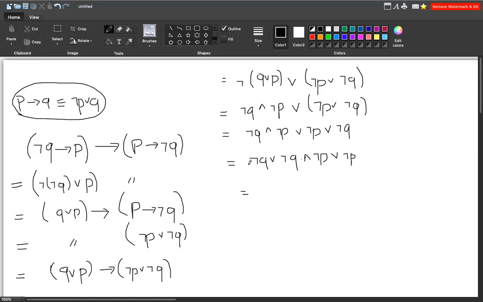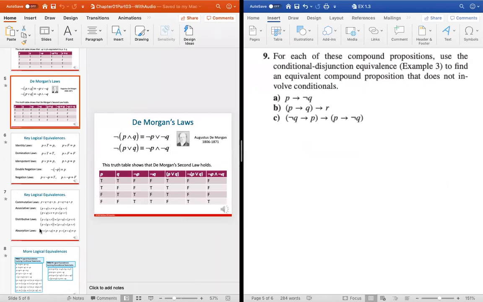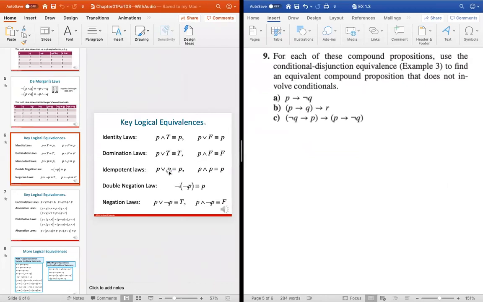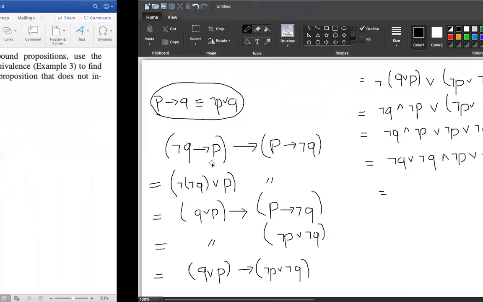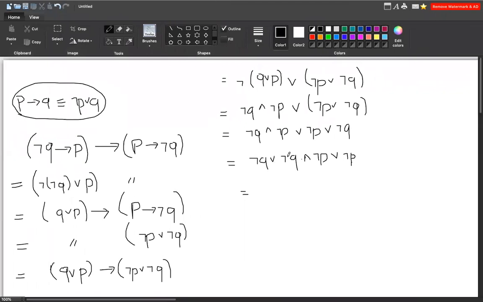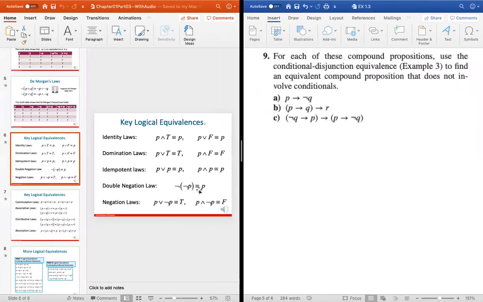Okay. So now we have this negation Q or negation Q. And according to some rules over here, this statement, negation of Q or negation of Q, is equal to negation of Q itself. This is according to this law: when you have P or P, it is equivalent to itself.